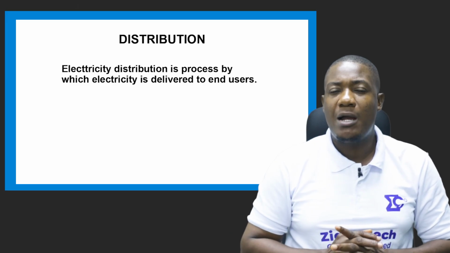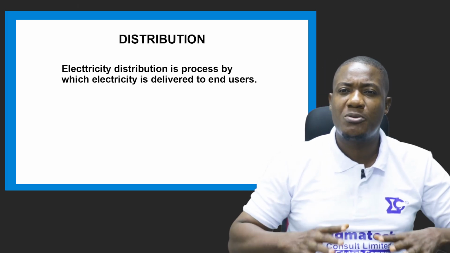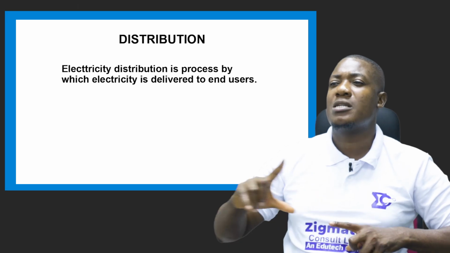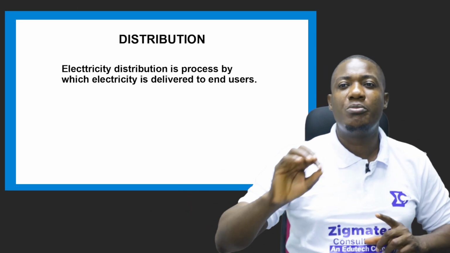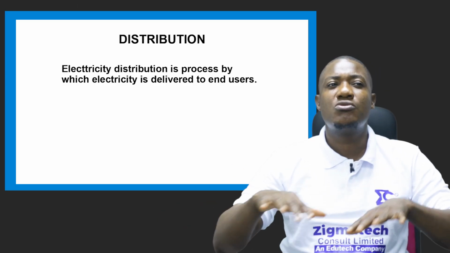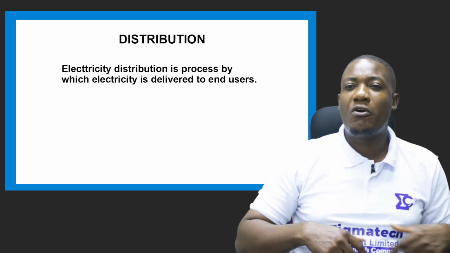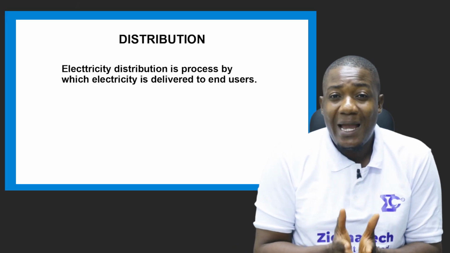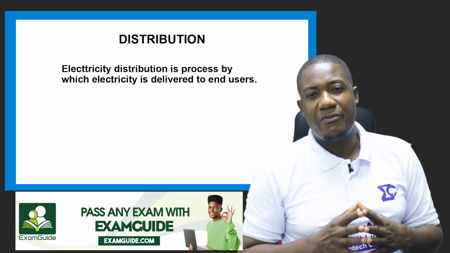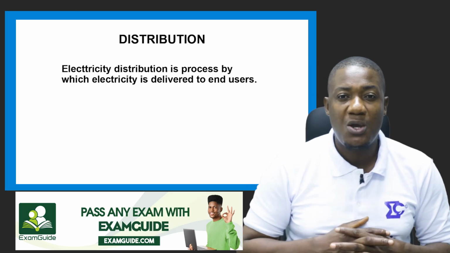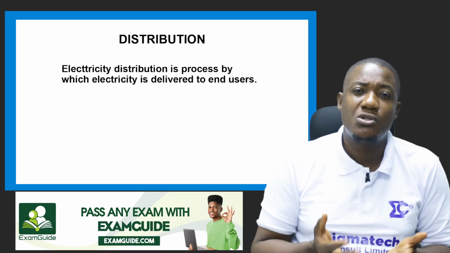Okay? Now, at the distribution substation, this electricity generated can be stepped down and pass through a series of step down transformers before it can get to the end users. So, electricity distribution, therefore, is the process by which electricity is delivered to the end users.